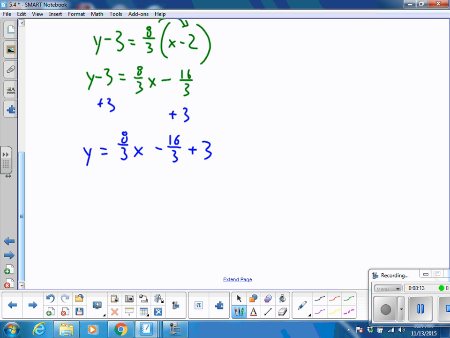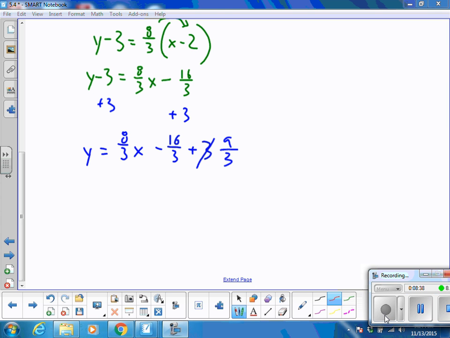Now I'm going to change this 3 so I can use it. I'm going to change it into thirds. So I'm going to cross that out, and I want to change this so 3 wholes, it's going to be 9/3. Yeah, that's what I'm looking for.